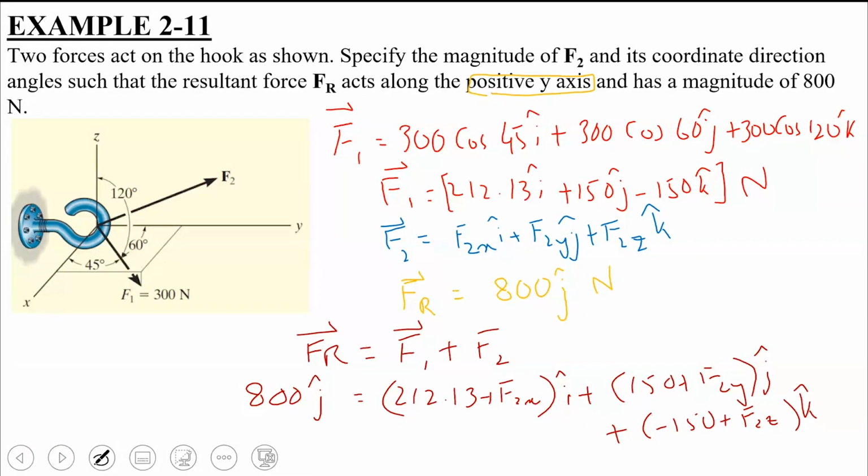Okay, so how are we going to find out now the values of F2x, F2y and F2z? Any idea? Anyone volunteer? कंपेयर कर लेंगे i का. सर ये compare कर लेंगे. i और k वाला इक्वल टू 0 करेंगे, बाकी दूसरा j वाला इक्वल टू 800 करेंगे सर. So basically what we are doing is, since it is a vector equation, equating the i, j and k coefficients on both sides of this equation.